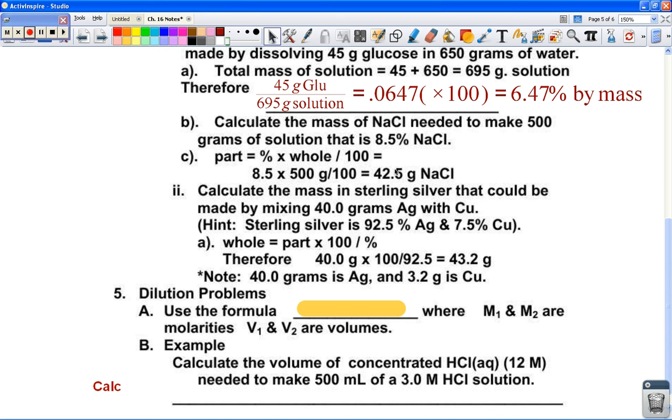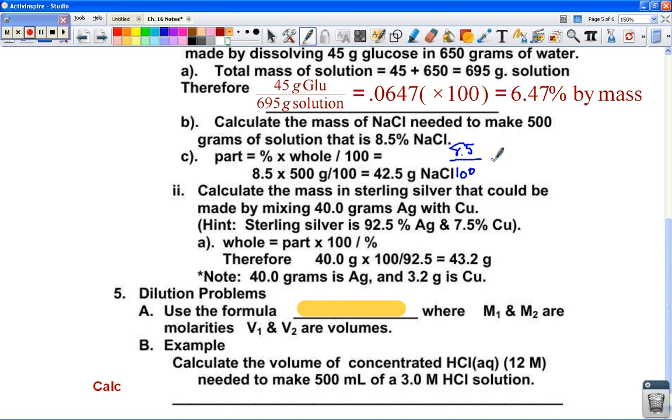Or the other way of looking at it is 8.5% is really just 8.5 over 100.